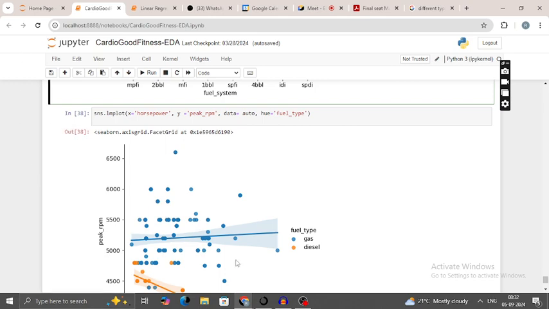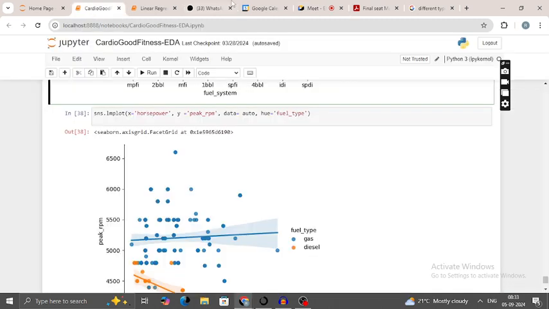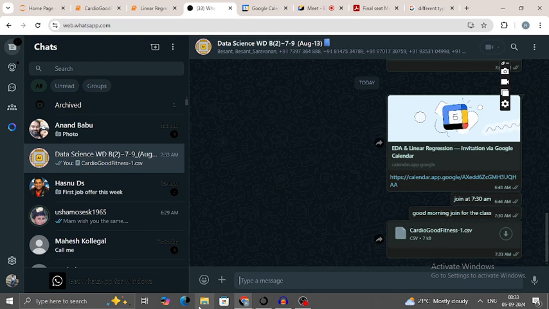Yesterday and today we have discussed exploratory data analysis and data visualization. This is part and parcel of data analytics. Before doing a machine learning model, all these things you have to do. You have to check the data and see what is happening. So I will do one thing, I will send this cardio fitness document to you.